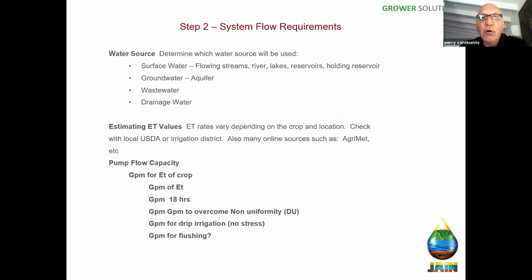Okay. So now system flow rate requirements. This is probably one of the most important things we're going to do as designers, to make sure we give the customer an adequate flow rate in order to meet the demand of the crop. So the first thing we do is look at the water sources, the groundwater, so we come up with an appropriate filtration for him. But the most important thing we're going to do, I believe, is estimating the ET values.